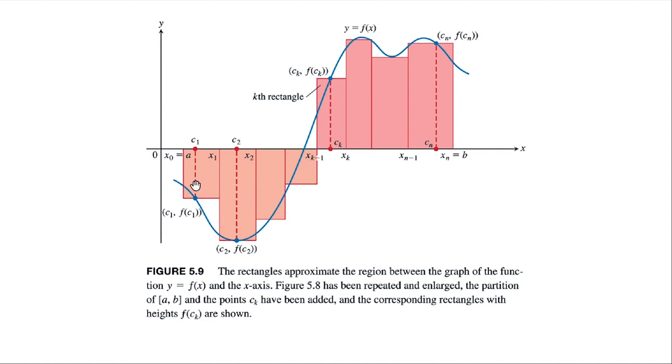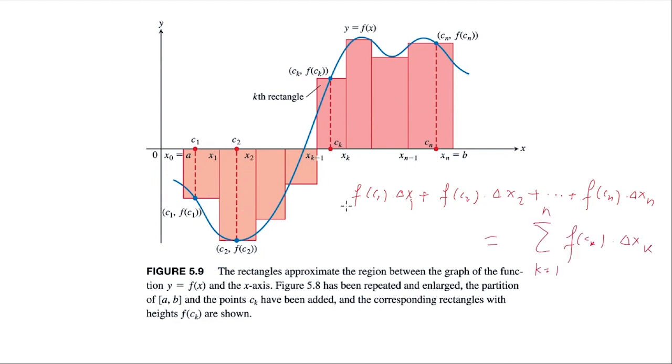And now we are trying to find the area of these rectangles if they are above the x-axis, and the negative of the area if they are below the x-axis. Now we just multiply the value of the function at these points, which gives us the height of that rectangle, and del x, which gives us the width of that particular rectangle. So we are just multiplying height and width. Sometimes it would be the area of the rectangle if the function value is above the x-axis, and if it's below the x-axis, it gives you the negative of the area.